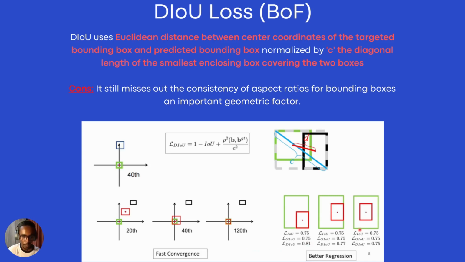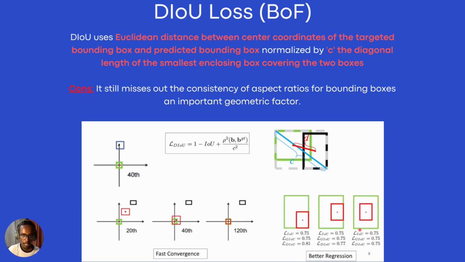And it also has better regression because even though the IOU loss and GIOU loss were the same for the 3 examples depicted between the red and green, now since we're considering the distance between the centers, the DIOU loss will be different for the 3. That means our model is learning new parameters in order to minimize the DIOU loss.